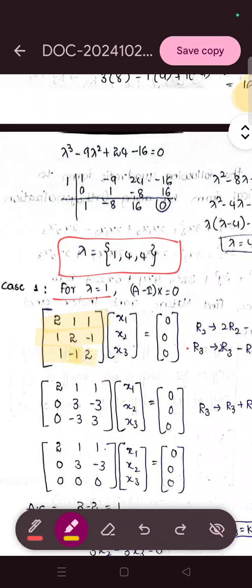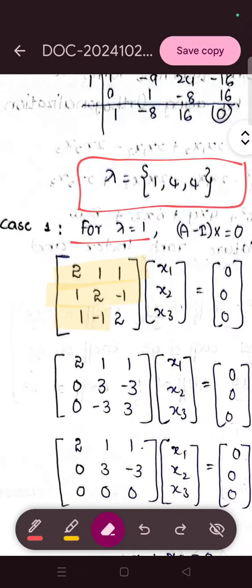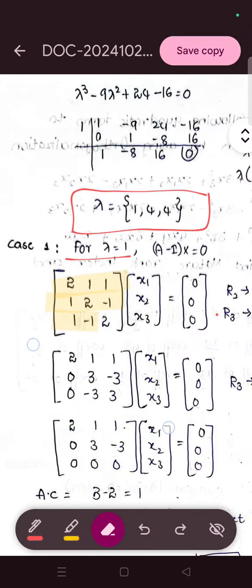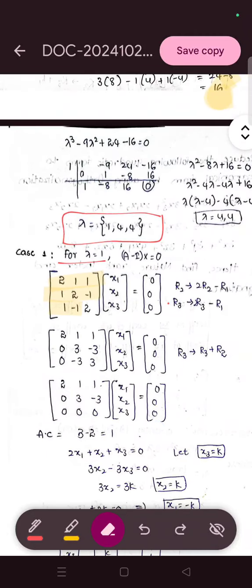times the unknowns x1 x2 x3 equals 0. Reduce it into echelon form by using elementary row operations. We know all this process. After using these row operations we get it in echelon form.